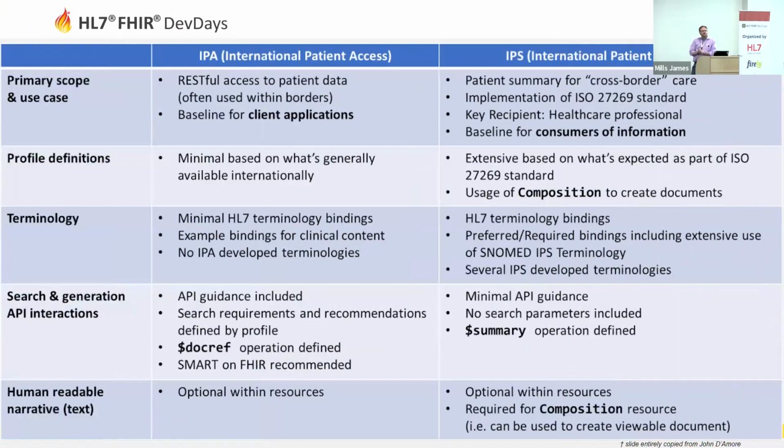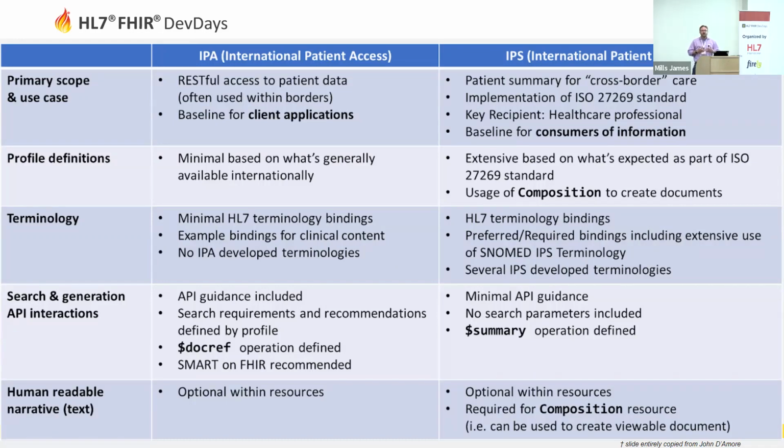Okay, so this is actually a table created by my colleague John, who's in the front row, and 100% stolen. I wanted to disambiguate between International Patient Summary and International Patient Access. So 2 columns here in this table. As we talked about, IPA is a baseline for client applications.